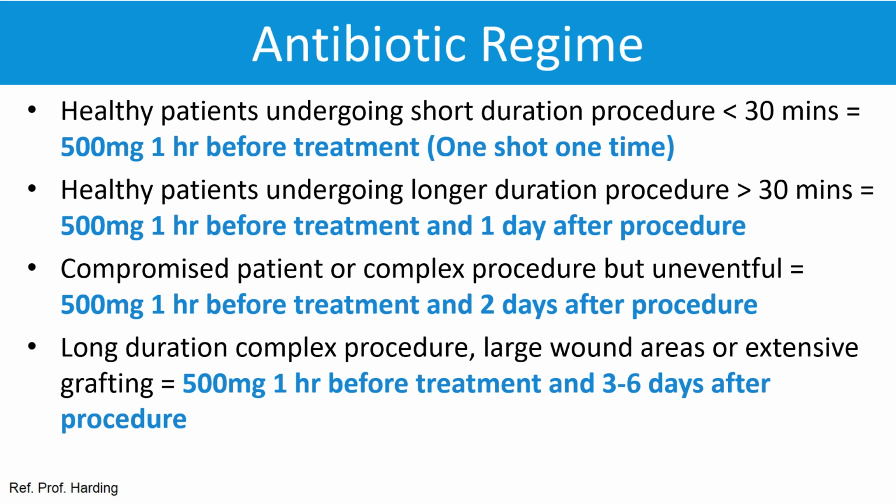I do have problems with continuing large doses of augmentin or amoxicillin, so I would drop the post-operative doses of these particular antibiotics to say 500 milligrams for post-operative cover.